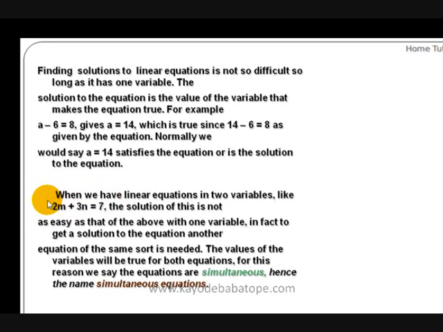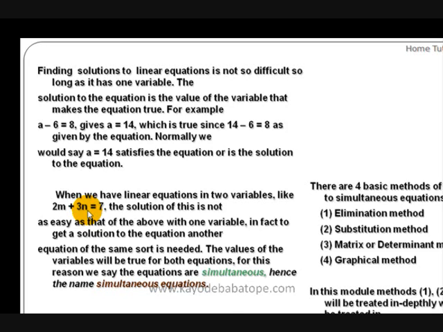So, in order to solve for the values of m and n in this equation, we need another equation in m and n. And therefore, these two equations, both of which are in m and n variables, will now be solved together simultaneously. And the values of m and n that should be correct must be valid for both equations.